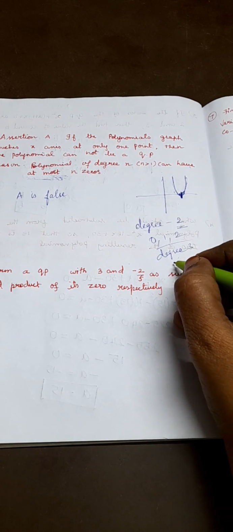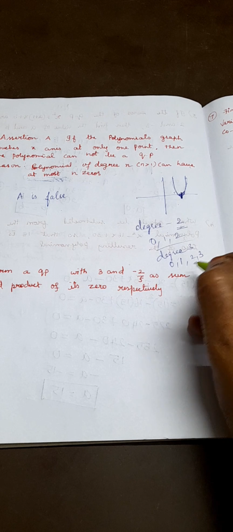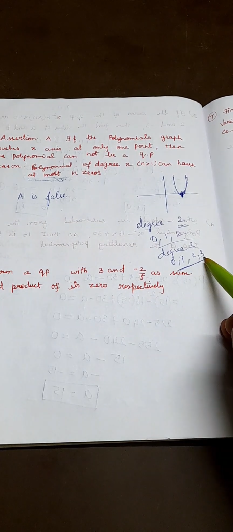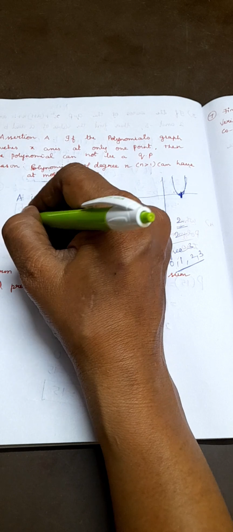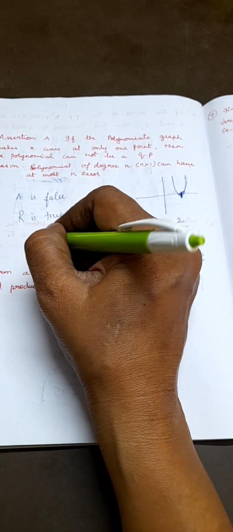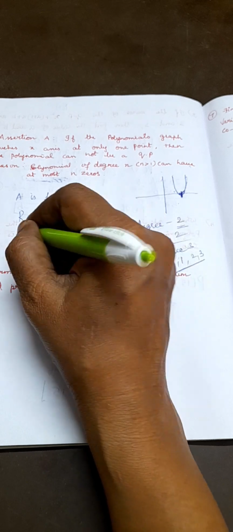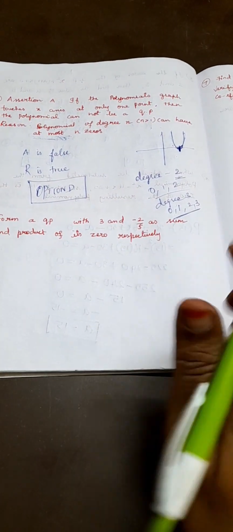It can have 0, 1, 2, 3. At most means that number and less than that number. Okay. So reason is true. So option D, right? Option D is the answer. Is it clear? Shall we go to the next problem?